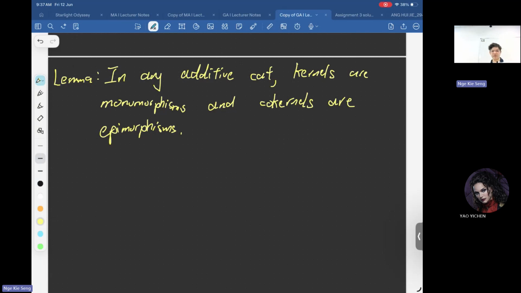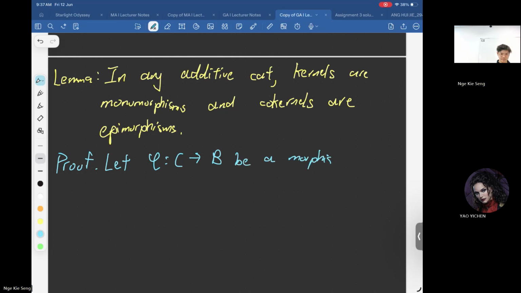Let's do it for the co-kernel one. We'll show that the co-kernel is an epimorphism. Let phi be a morphism in C, and let the co-kernel be a map from B to A that satisfies the property we mentioned before.